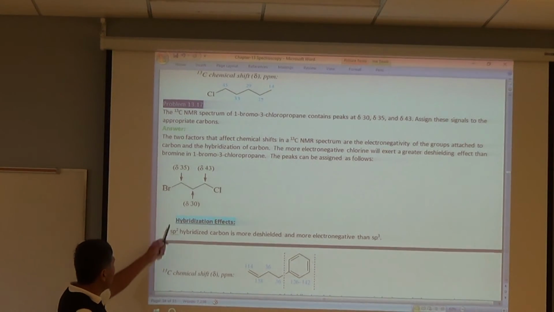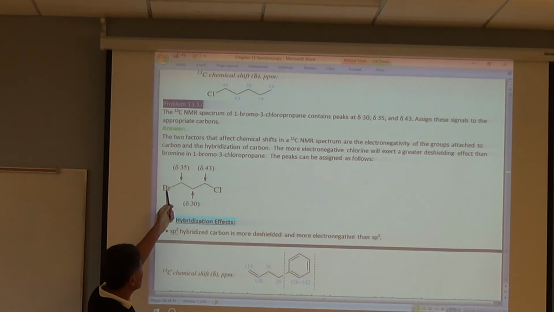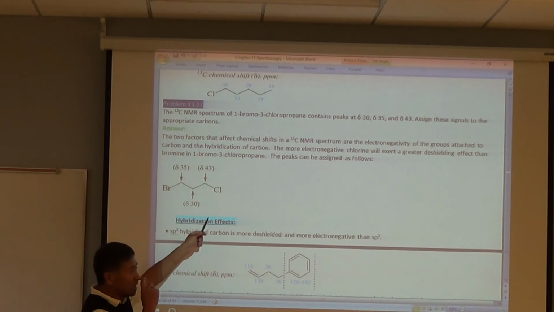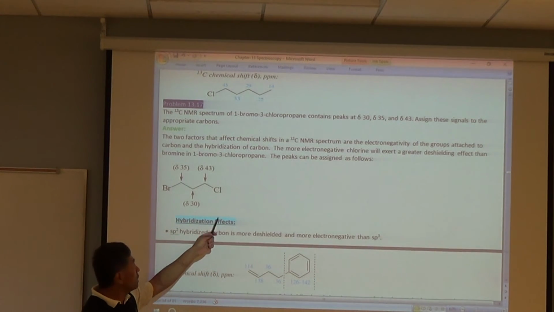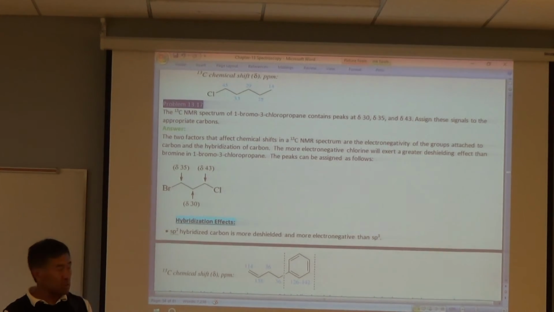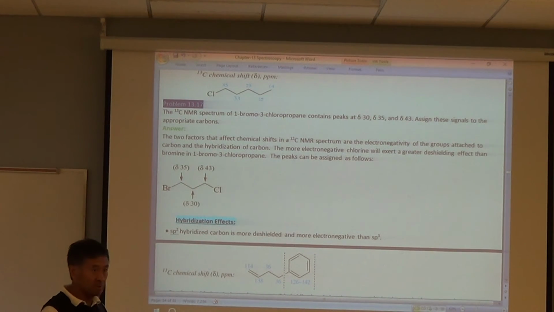So we have a Br on this side, we have a Cl on this side, and the Cl is more electronegative. So therefore, the Cl more deshields the carbon or the proton on that carbon, and you have that highest value of 43.